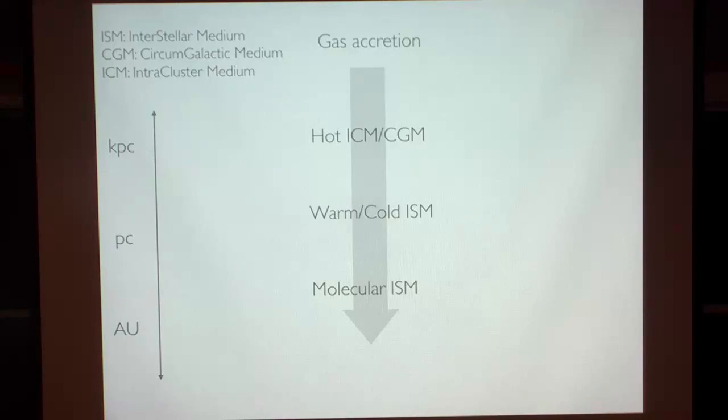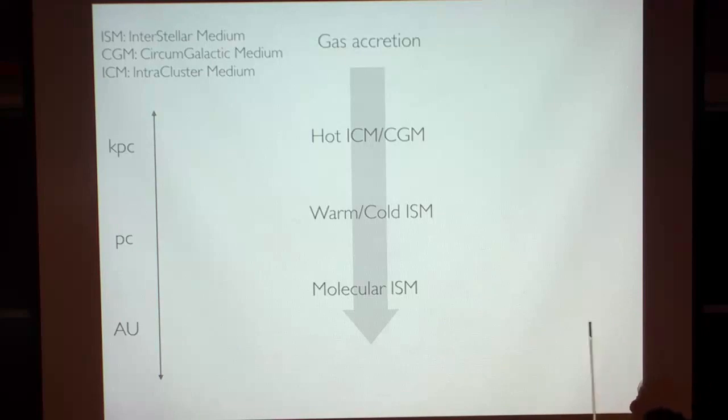And first, when they accrete to the dark matter halo, it will suffer accretion shock or some virial shock that will make this gas to hot state. And then it will eventually fall into the galaxies and cool down.